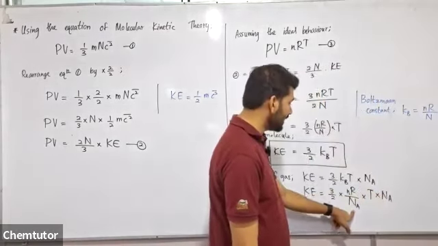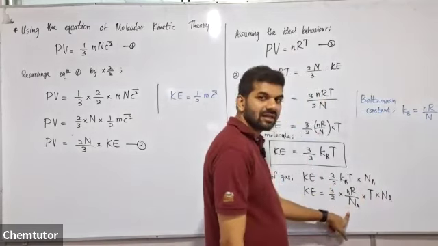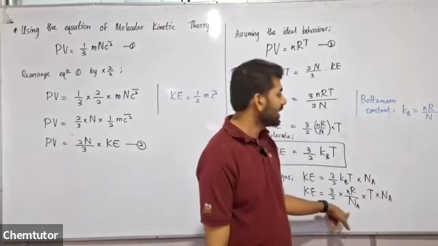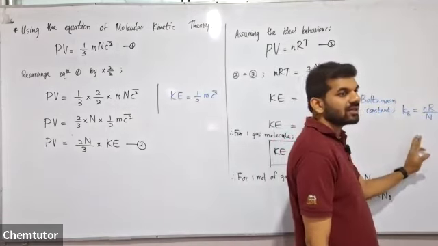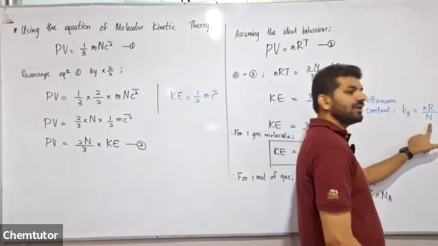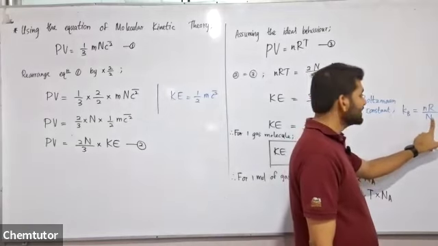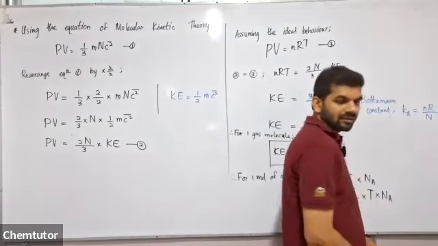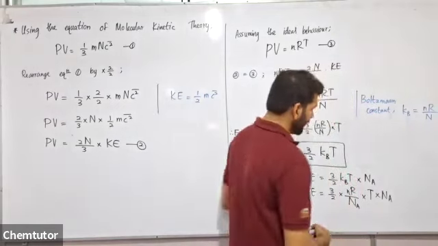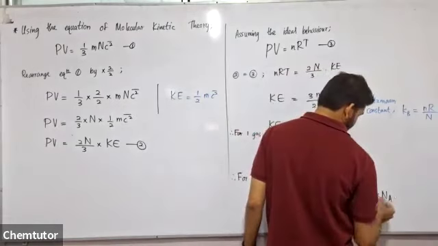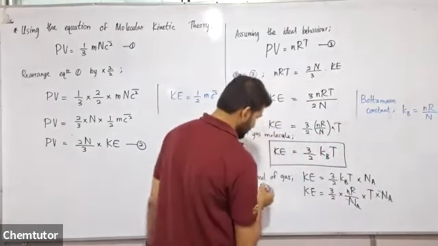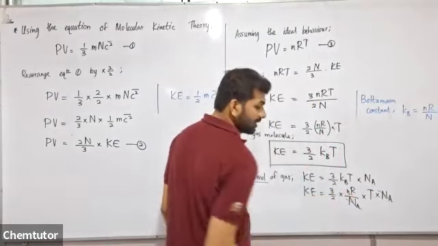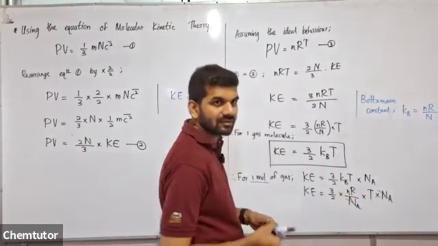According to the Boltzmann constant, R over N is kB. But we consider 1 mole. In 1 mole, we have Avogadro number of molecules. That's why this capital N becomes N_A. Then we can cancel off N_A to N_A. And since we consider only 1 mole, simple n will become 1.